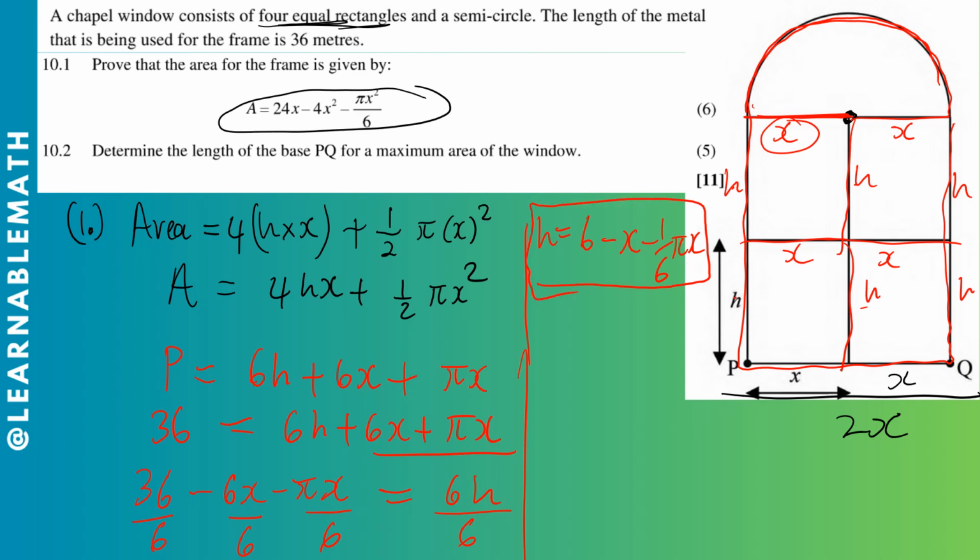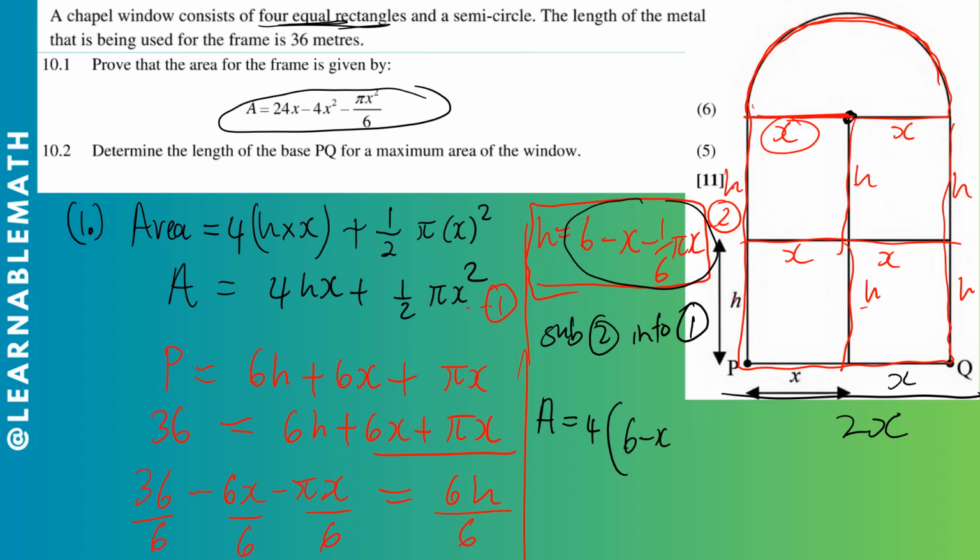So we can name this equation 2, and this was equation 1. We can substitute equation 2 back into equation 1 of our area, so that we have it in terms of x only. So we have 4, and where there is h, I'm going to replace the value of h, which is 6 minus x minus 1 over 6 pi x.